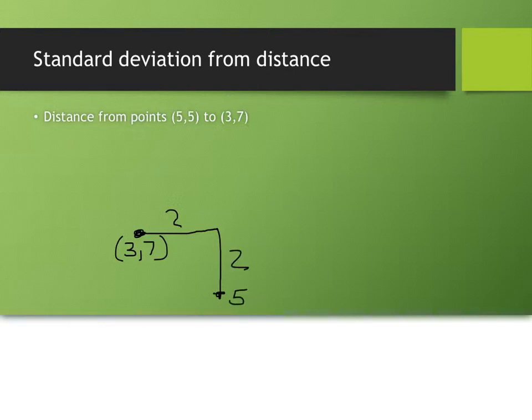By the way, the reason I chose 5, 5 is because 3 and 7 average out to be 5. So the set 3, 7 has a mean of 5. What standard deviation does is give us one way to calculate the distance between this point and this point, and then there's this weird dividing by an n, which takes precedence.